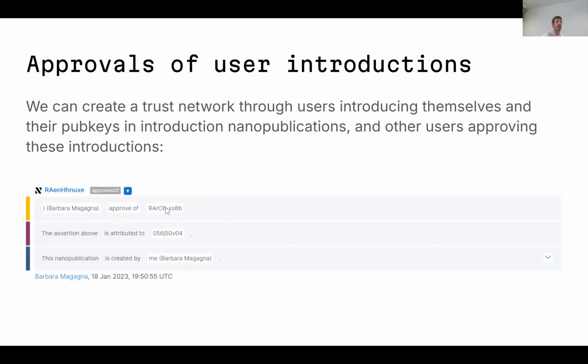So then from that, I have now somebody else I approve and trust, and I can then check whether that person approves more people, and then I get a trust range, and I then know which people with ORCID, for example, and with which pub keys I can trust, and from there I can then make queries and get back results that I have some stronger reason to trust and figure out if something is wrong.